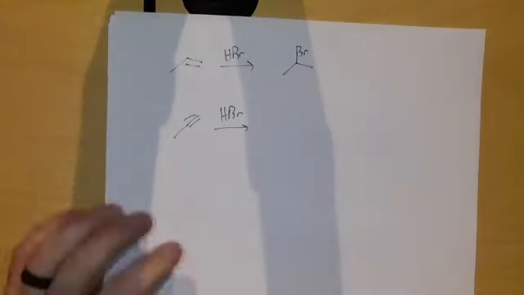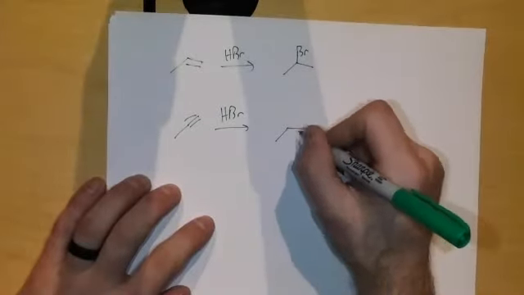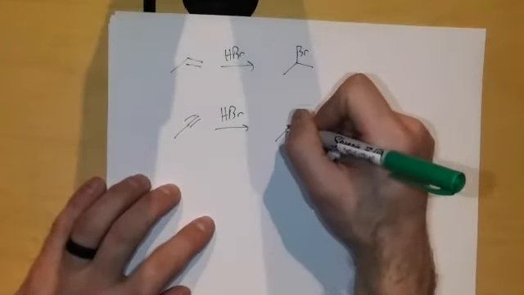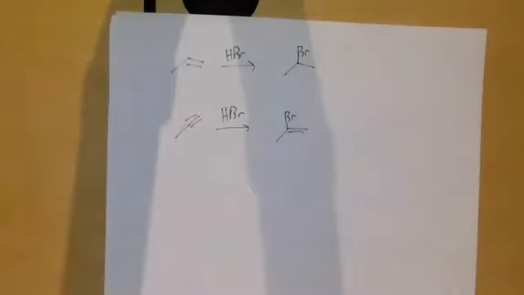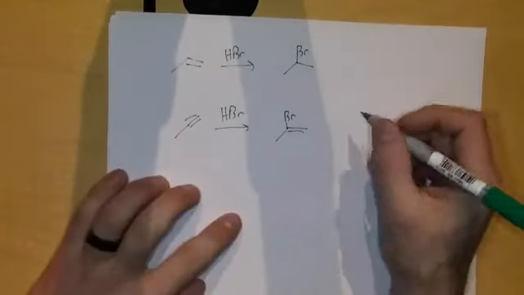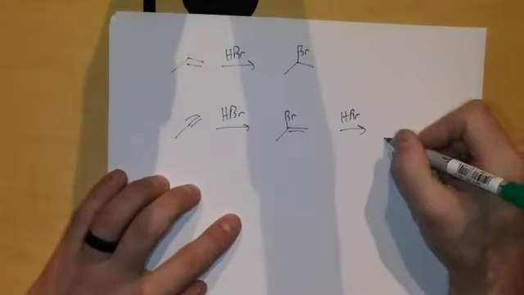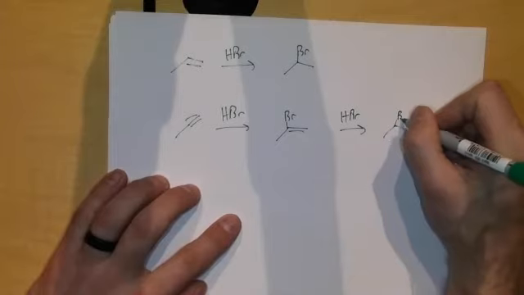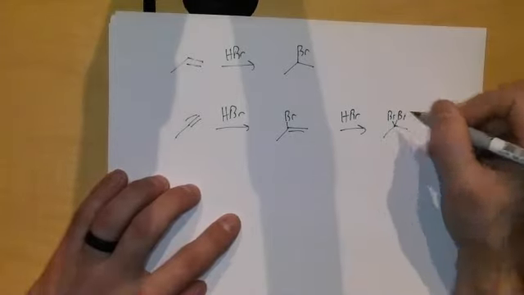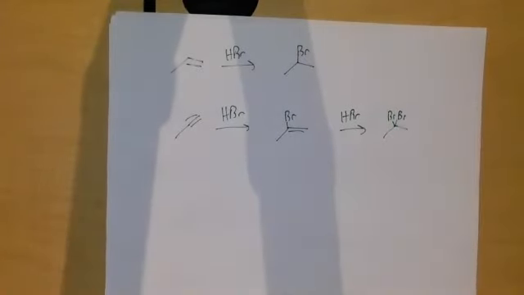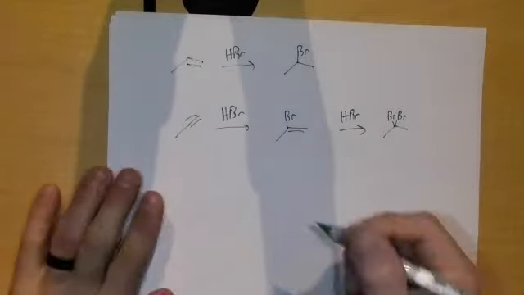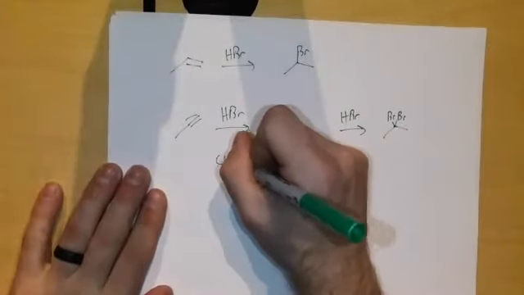If you throw in HBr, if you put one equivalent in solution, you can make this single brominated product, and then throw in another equivalent. You can brominate twice. Same thing with HCl.